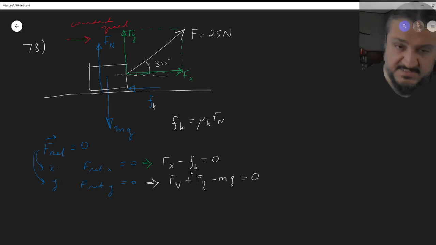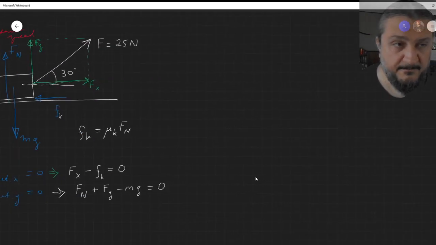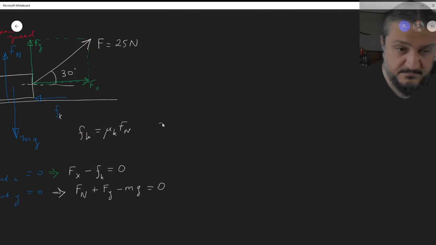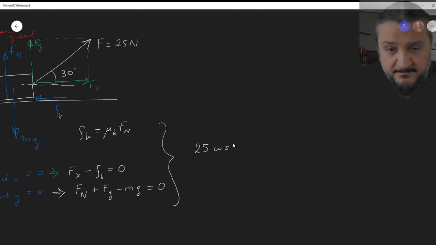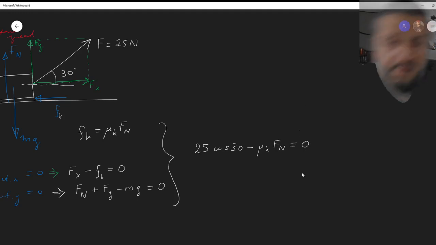Okay, so let's use all that information and solve the problem. Let's start with Fx, that is 25 cosine 30, minus Fk, which is mu k times Fn. And that's 0.